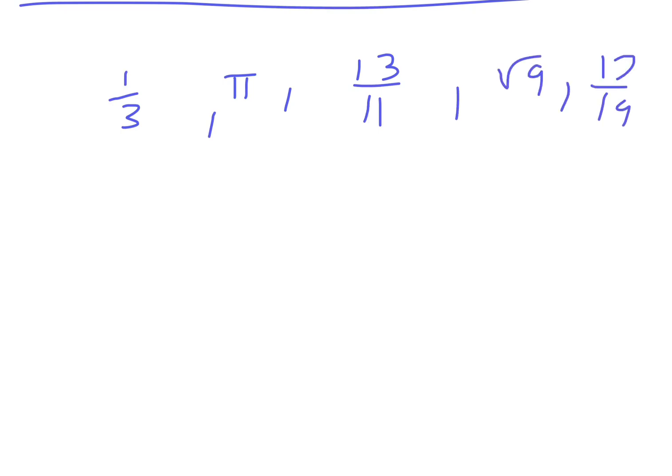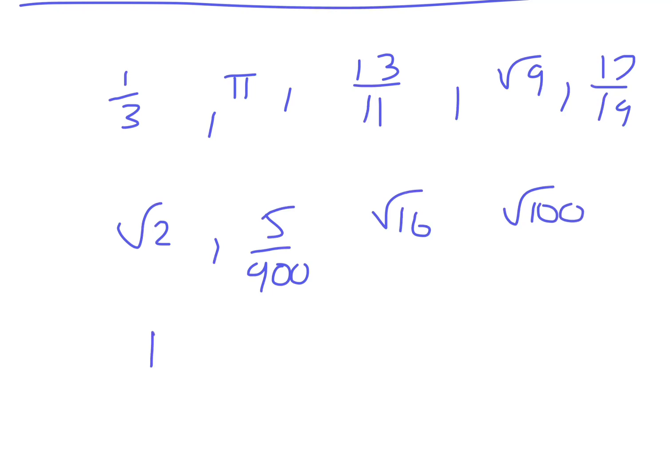So if you're given a list of numbers and you're trying to see whether they're irrational or not irrational: 17 on 19, root 2, 5 on 900. If it can be written as a fraction, if you can find the square root of it, it will be rational. But if you can't find the square root of them, then it will be irrational.